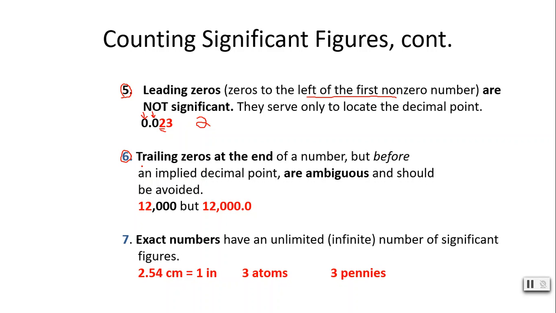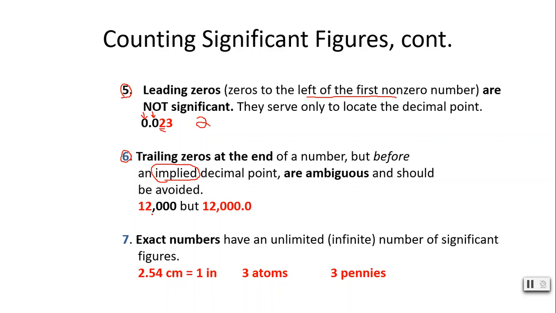The final case of zeros not being significant are trailing zeros at the end of a number, but before an implied decimal point. And that's an important point: implied. Think about all the cases we have talked about with zeros and significant figures. We had to look to see where that 0 was with respect to non-zero numbers or the decimal point.